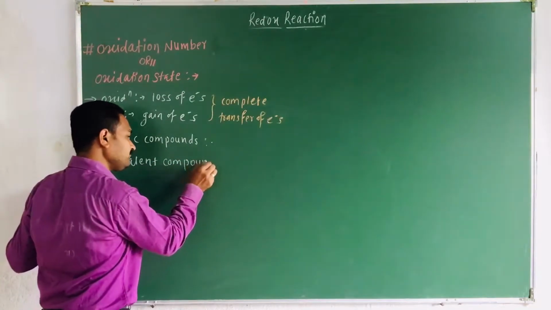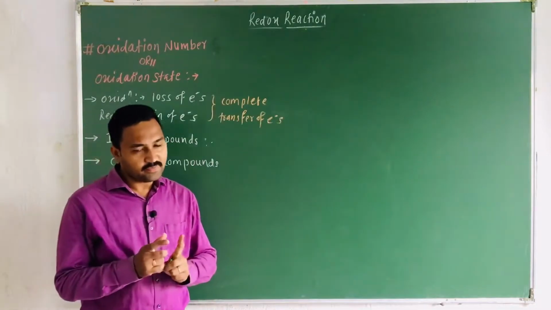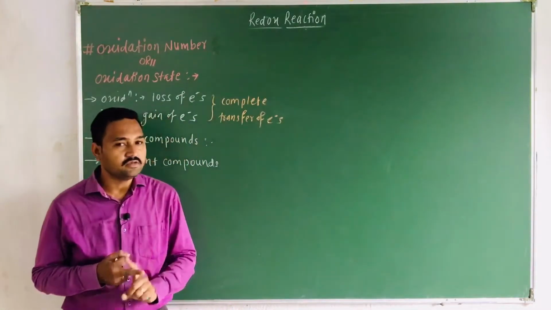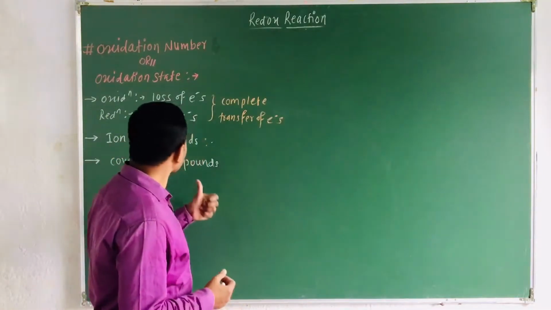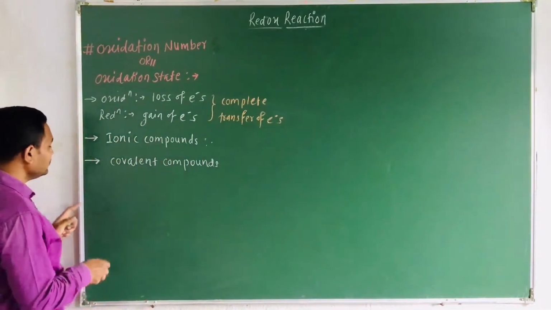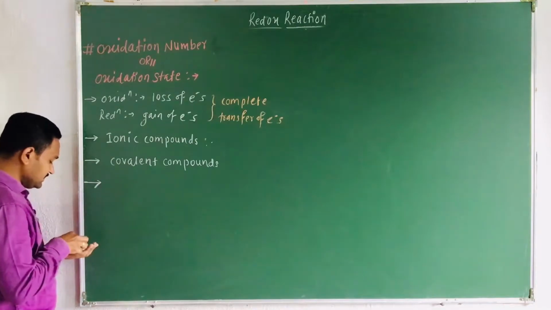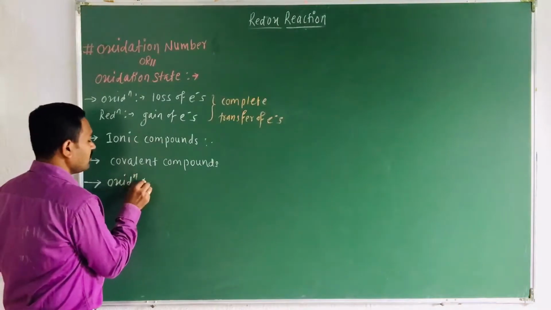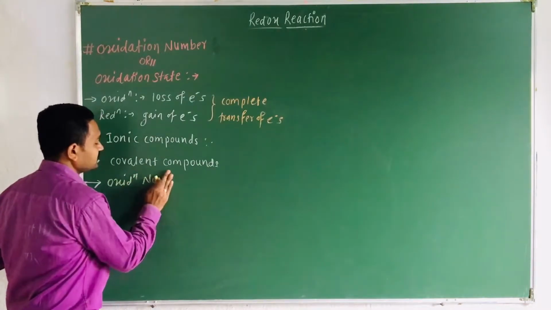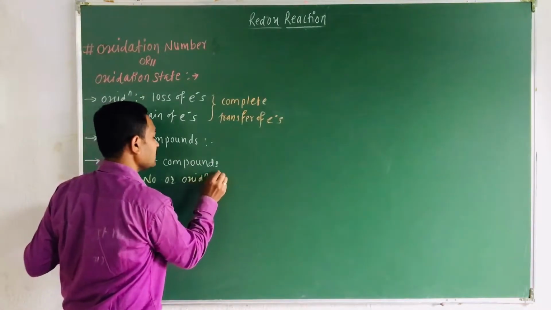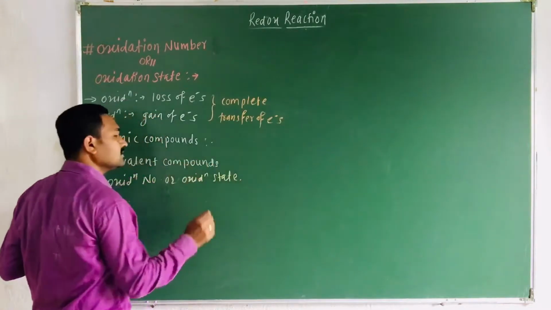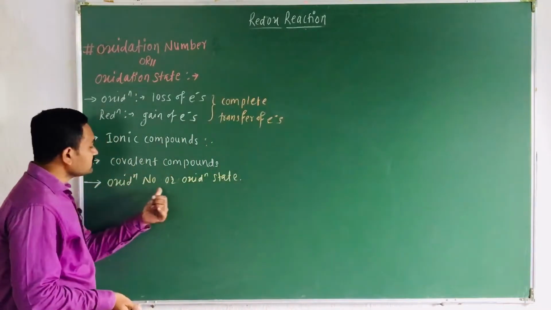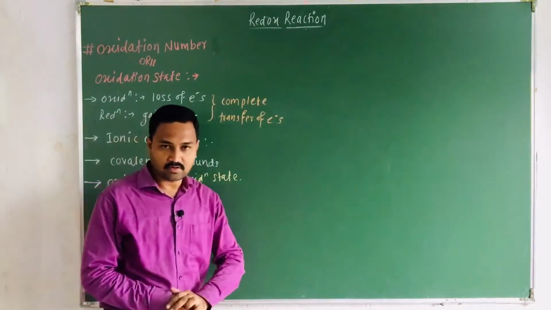Now, to explain the oxidation and reduction process involved in covalent compounds, we introduce a new term, and that new term is your oxidation number or oxidation state. Remember, this term was introduced for covalent compounds.